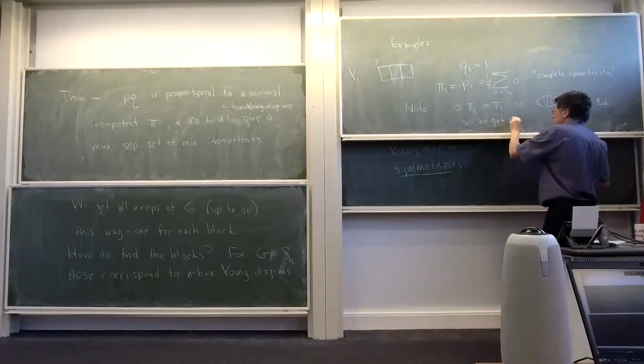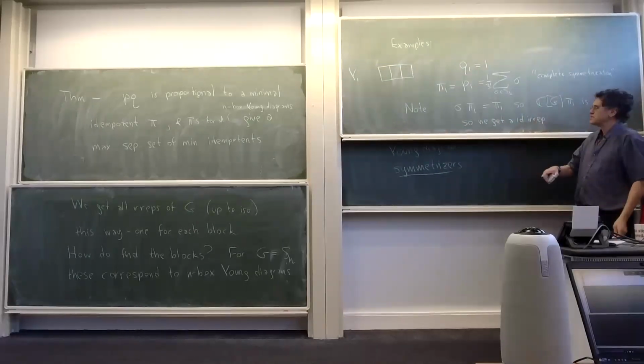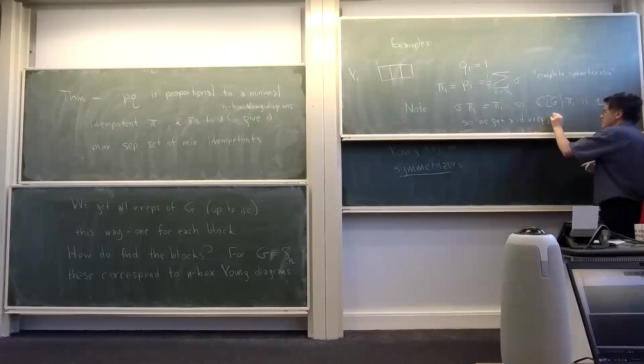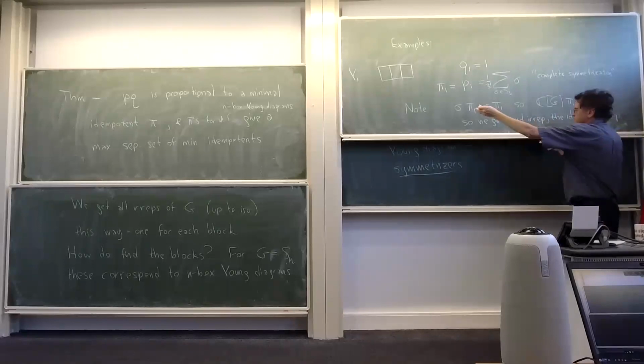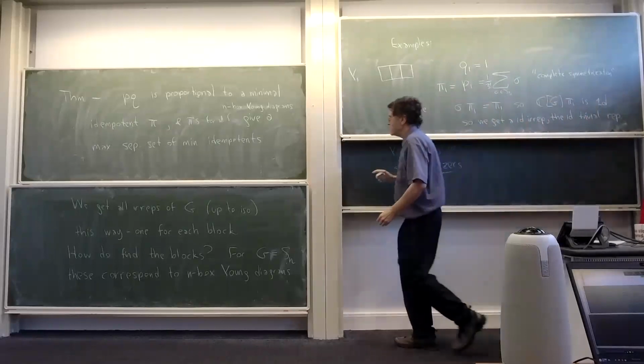We get a 1D irrep from this guy, and because of this fact, it's the trivial representation. It's the 1D trivial representation where all the group elements act trivially, because it's not doing anything on the elements.